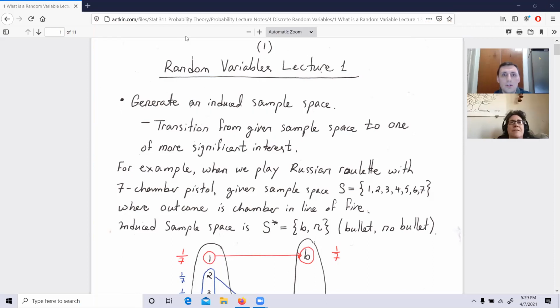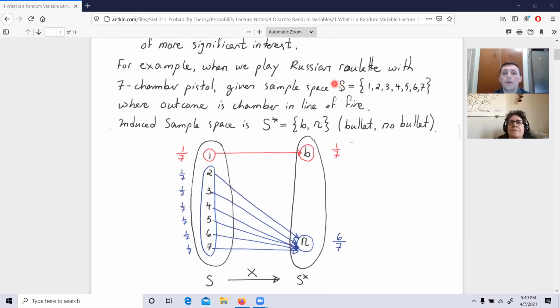All right. So I think we left off somewhere here. Remember, what we have is the situation where we have a sample space, but it's not immediately a sample space of interest. The sample space of interest is induced by collapsing the individual outcomes of the available sample space to the outcomes of interest and adding up the corresponding probabilities of the collapsed outcomes.